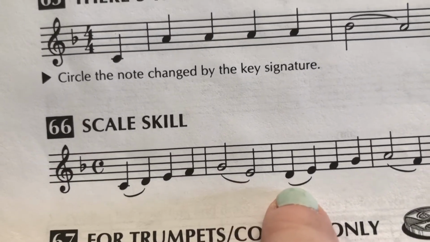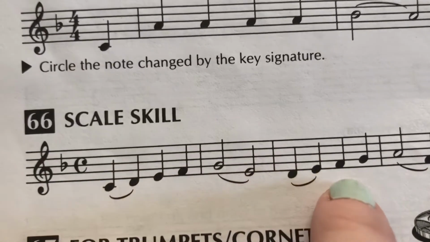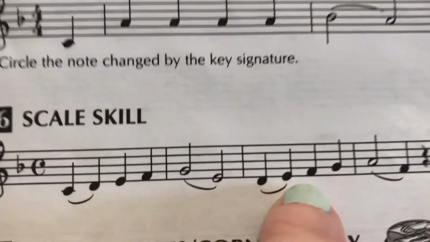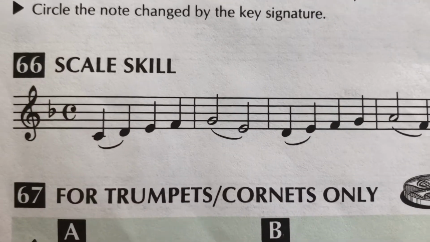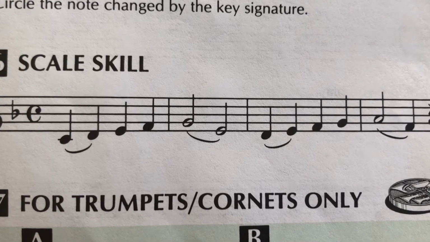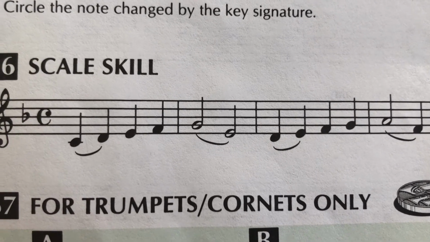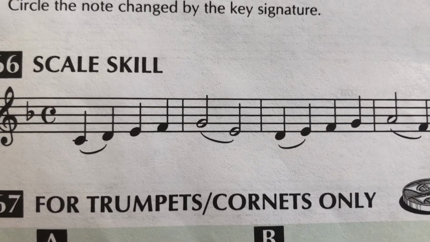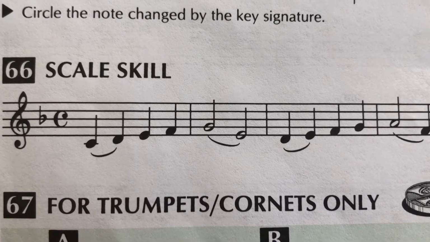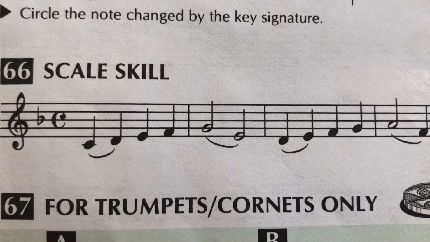Tongue this first note, slur to this second one, and then we tongue these two because they don't have anything that tells us to slur them. So as you read music, you need to be able to slur and tongue interchangeably when the music tells us to.